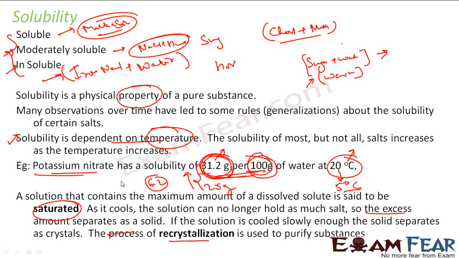So we have a solution which has some crystals and is saturated. Now you decrease the temperature, and since the water can't hold that many crystals, those things will come out, and that is nothing but recrystallization. So all things are linked: precipitation, recrystallization, solubility. I thought it's better to have a slide on this so you understand what is happening.